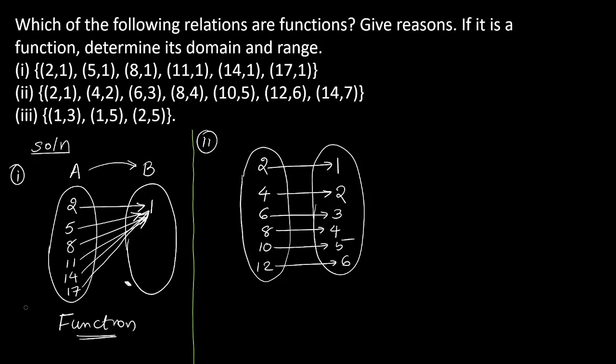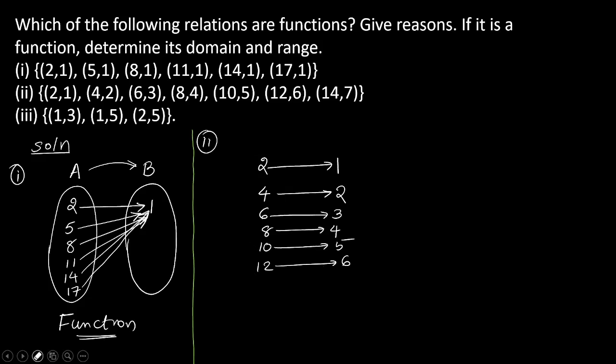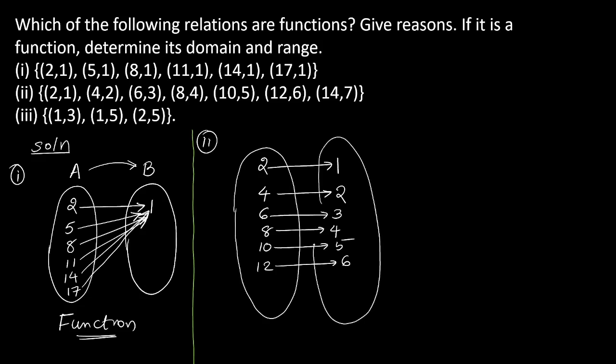As I told you, a much larger diagram is required. Then one more element, 14 7. Let us name the first one as A, second one as B.